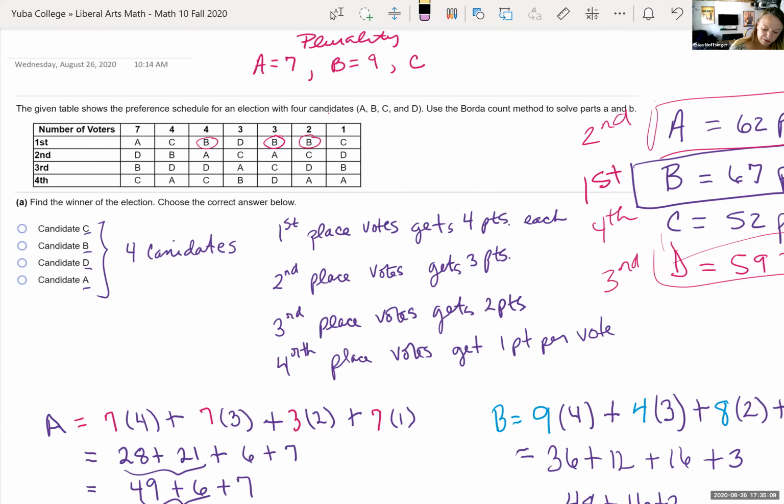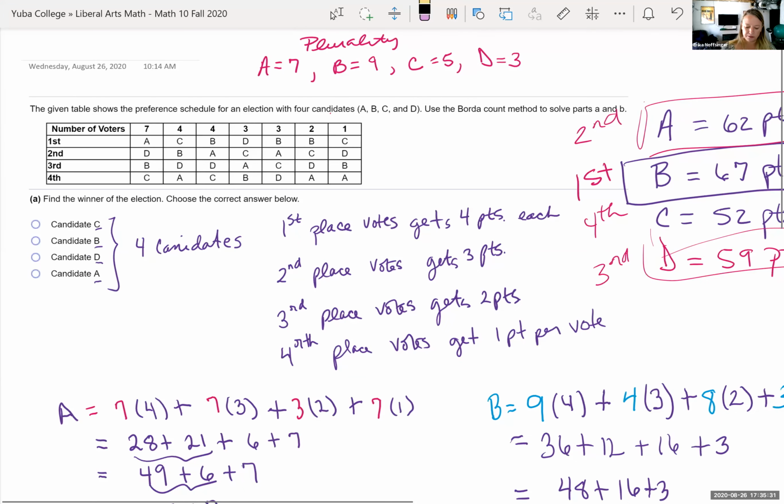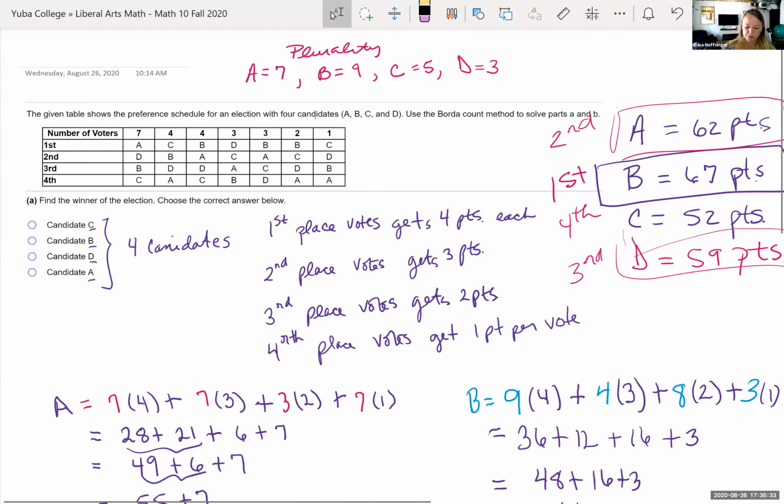C has 4 plus 1, which is 5. And D, well, they only had 3. So by plurality method, this candidate also wins because they got the most number of first place votes.